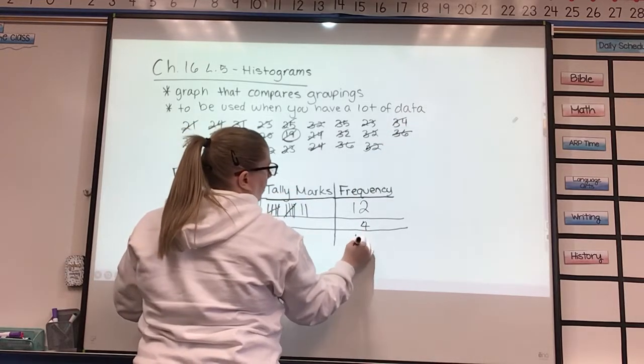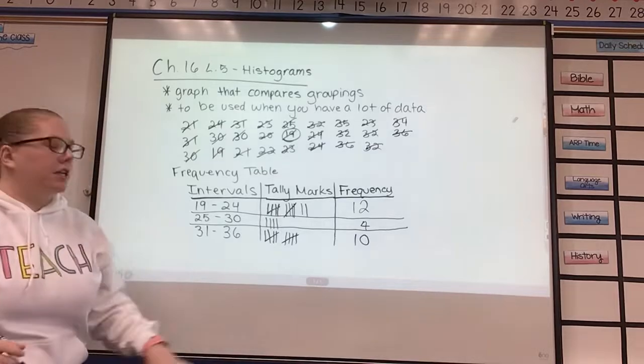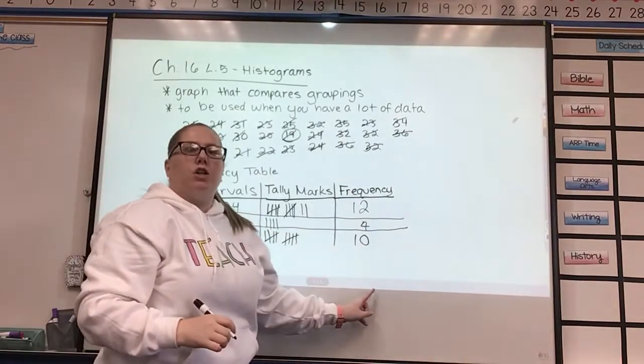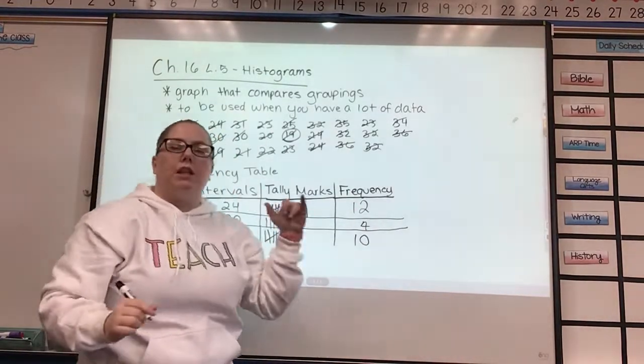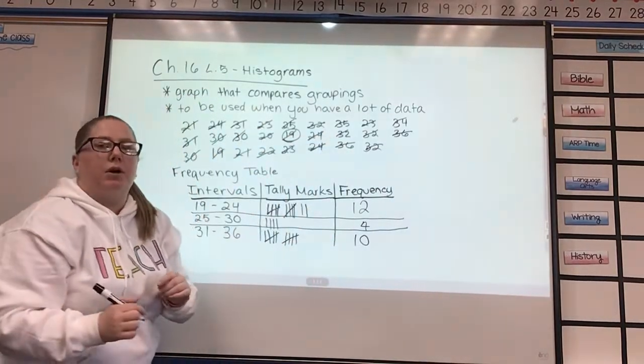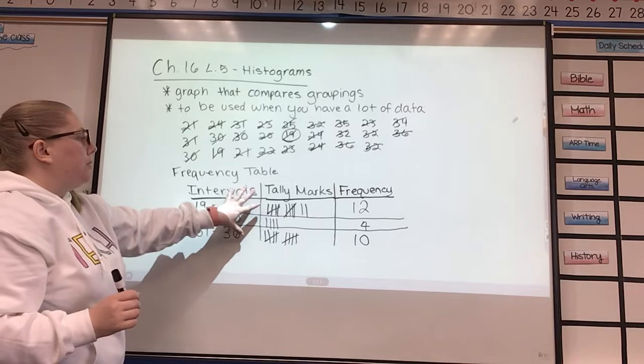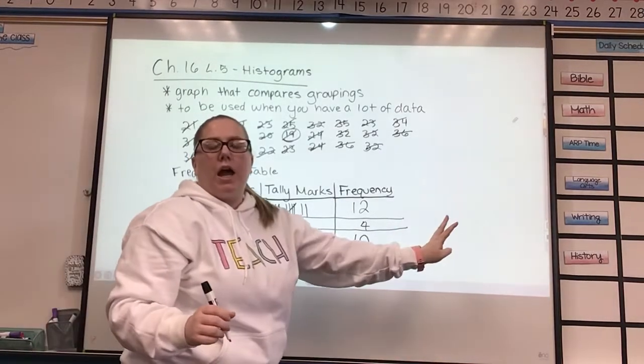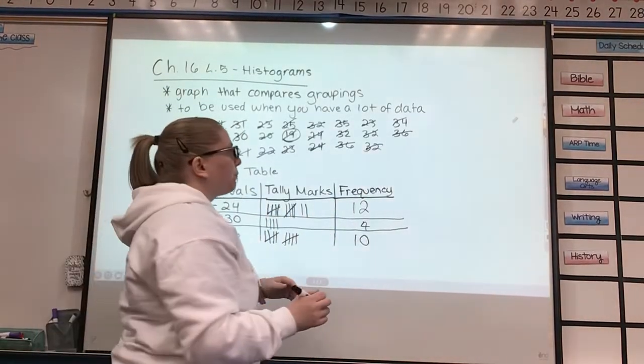So I have 10. Okay, and these numbers here should add up to the number you have here. And if they don't, that means that you are missing one. So check that, okay? So now I'm going to take this table and I'm going to make my histogram. Okay.